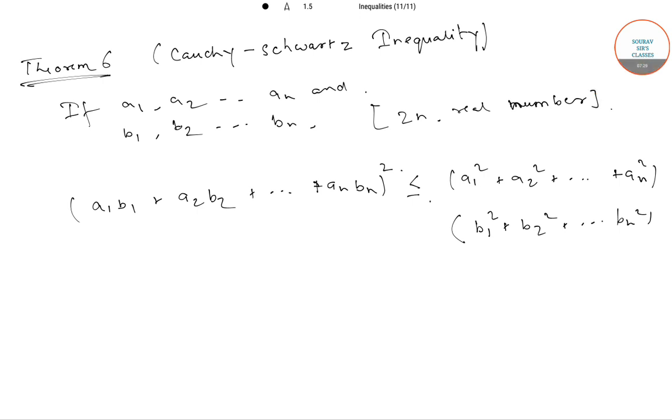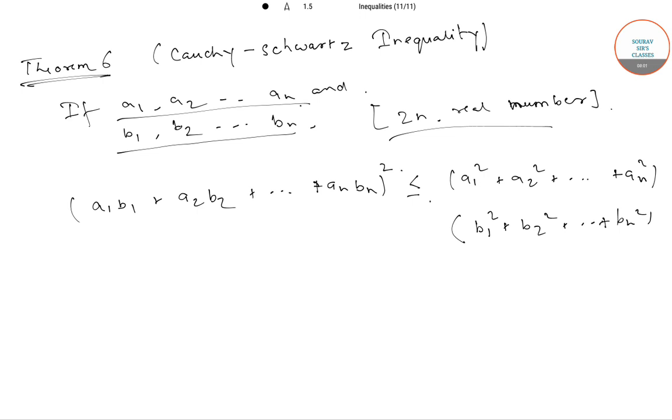So if a1, a2, so on till an, and b1, b2, so on till bn are 2n real numbers, then we would have (a1 b1 plus a2 b2 plus so on till an bn) whole square less than or equal to (a1 square plus a2 square so on till an square) multiplied by (b1 square plus b2 square so on till plus bn square).